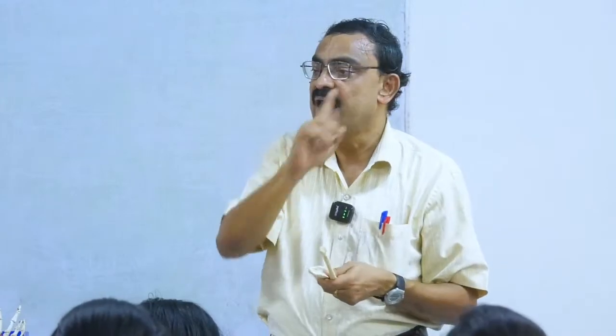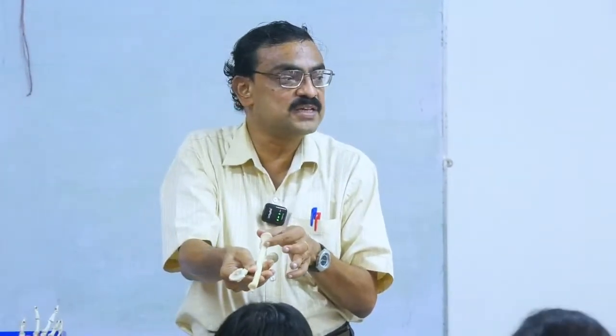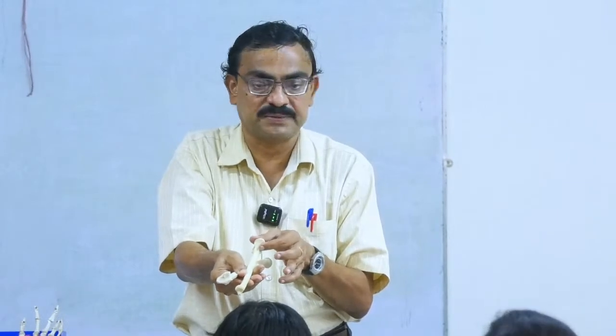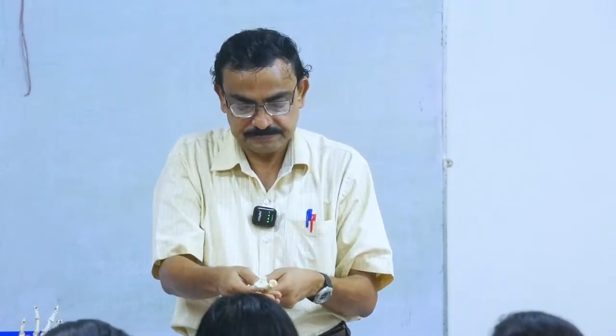When this muscle contracts, it will cause pronation. That muscle is called pronator teres. So flexor digitorum superficialis and pronator teres take origin from this medial aspect.